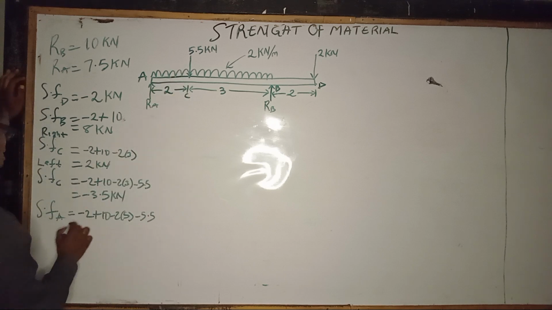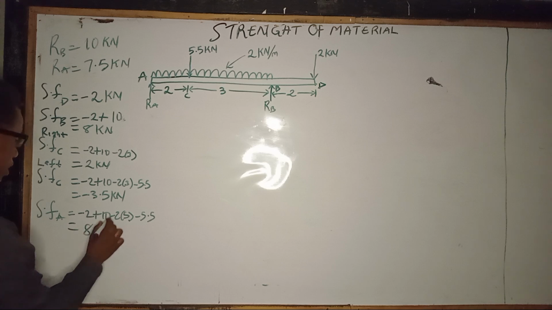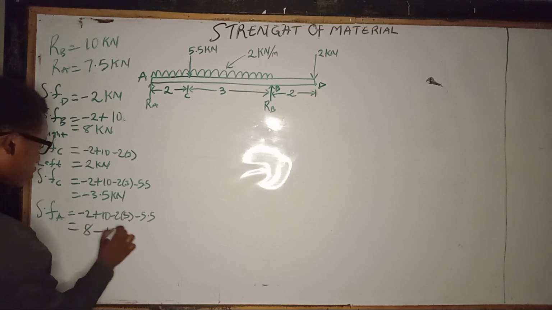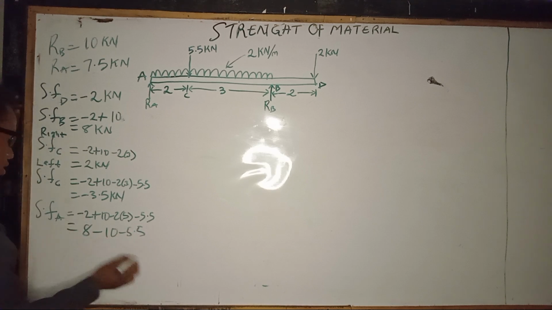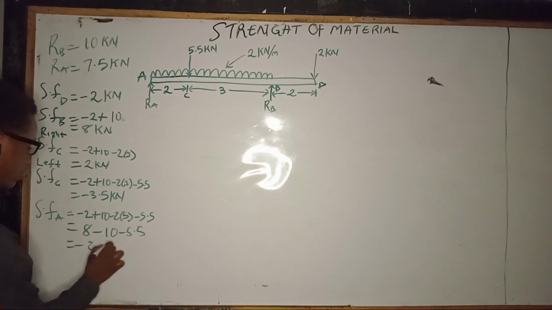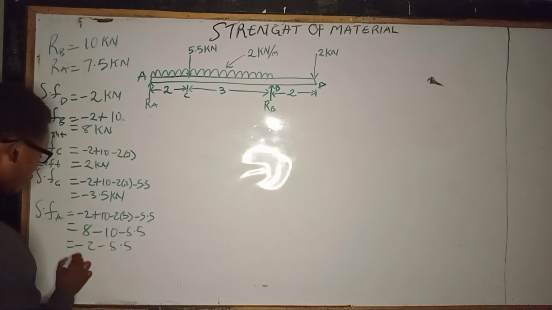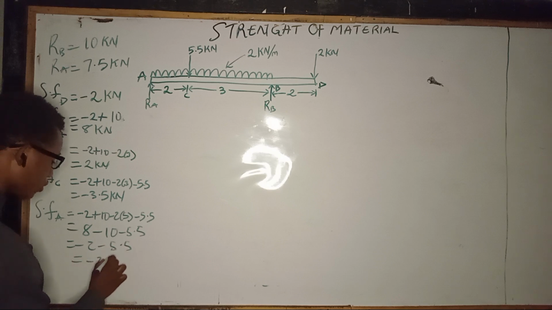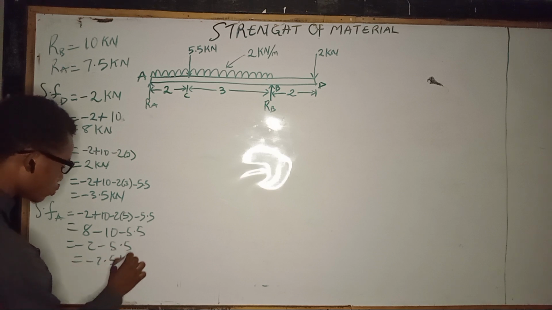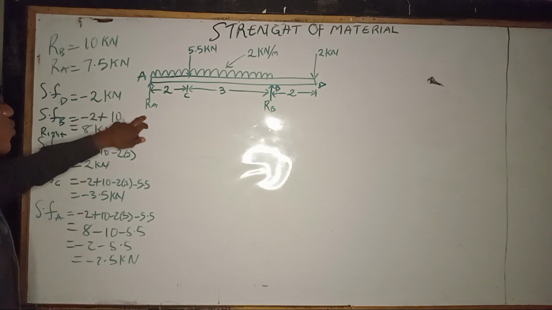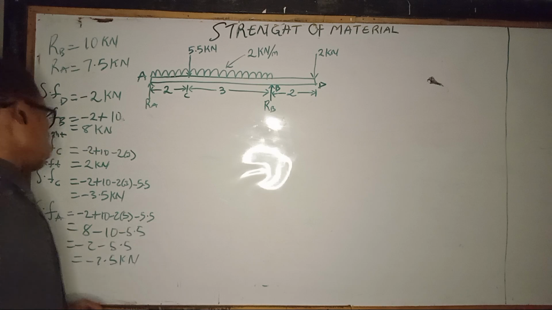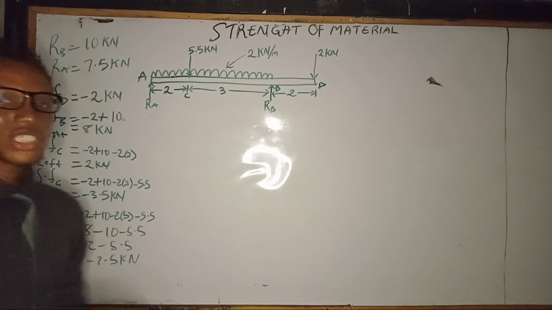So this is going to give us minus 2 plus 10, we have 8, minus 2 times 5, that is minus 10, minus 5.5. We have 8 minus 10, that is minus 2, minus 5.5 equals minus 7.5 kilonewton. So therefore our shearing force at A is the negative of reaction A. We have gotten our shearing forces.